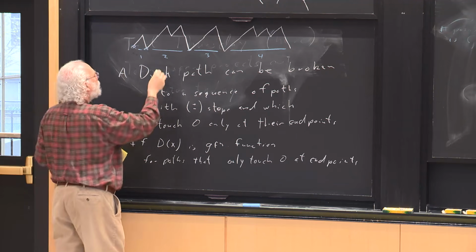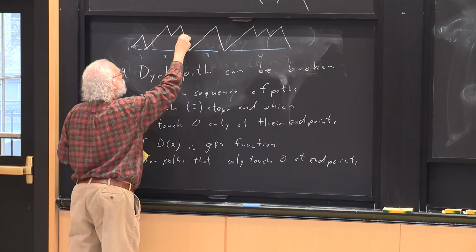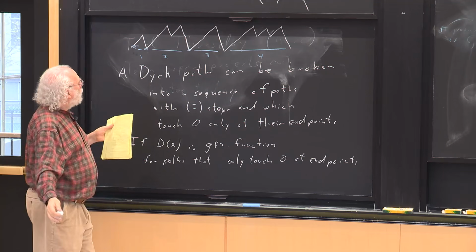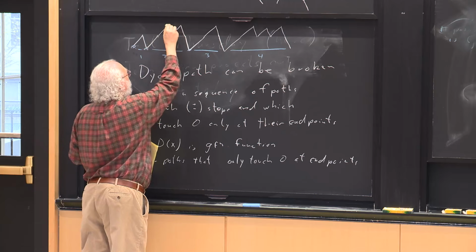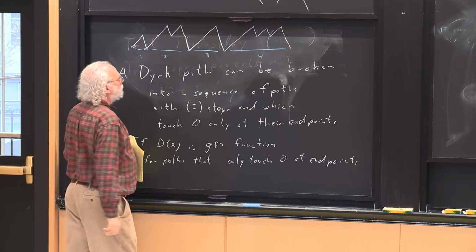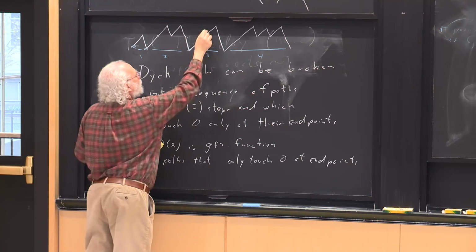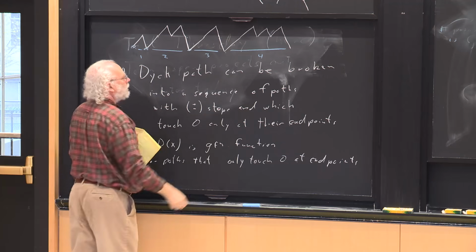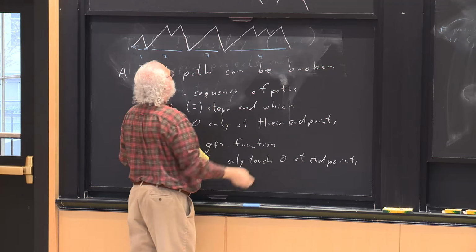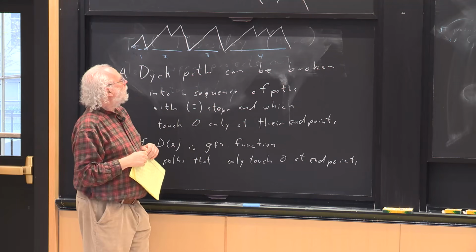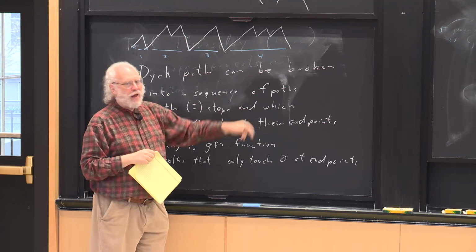Here, the Dyck path is up, down, which has size 2. And the raised Dyck path has size 1 more, up, down, down. And here the Dyck path is up, down. The raised Dyck path has size 2. And here we have a Dyck path of size 3, so the raised Dyck path has size 4.